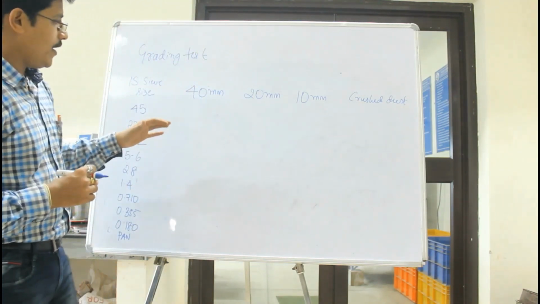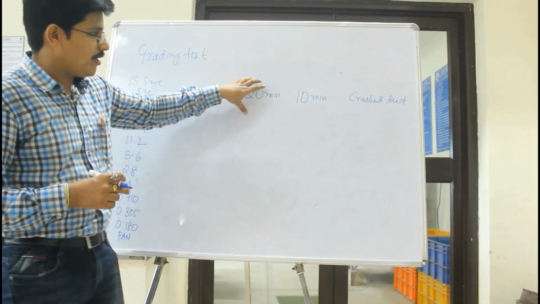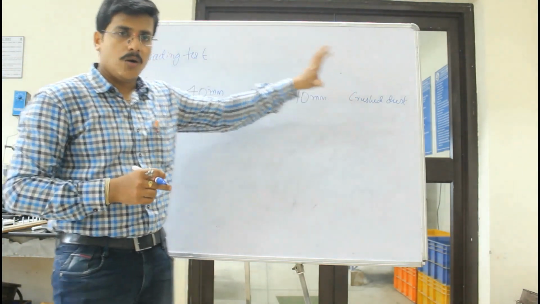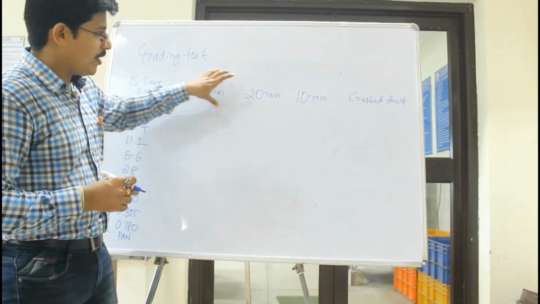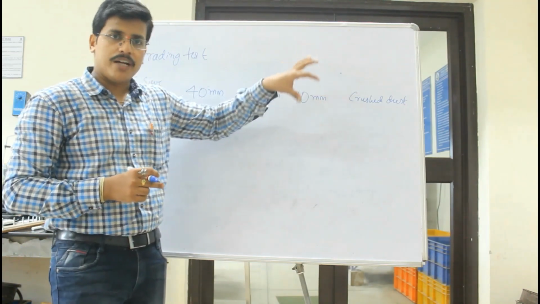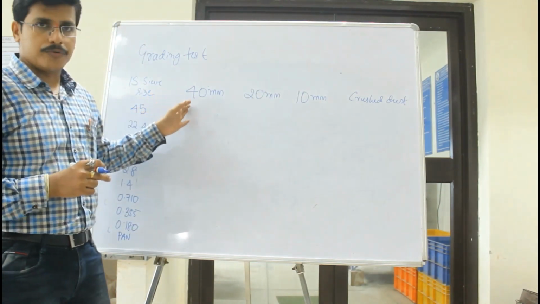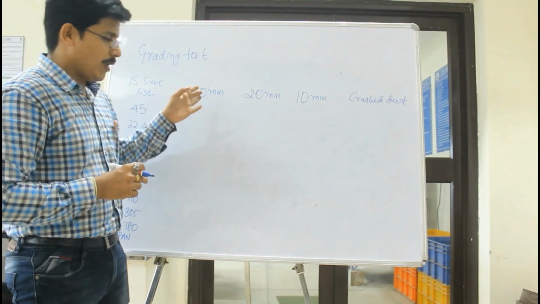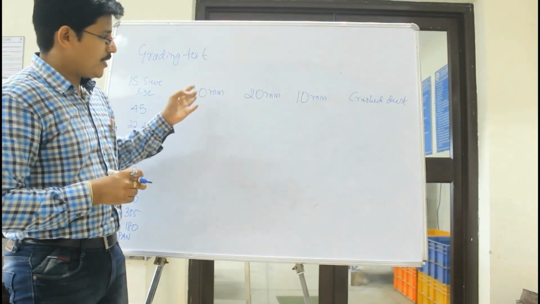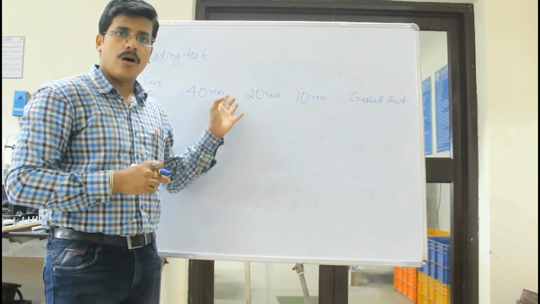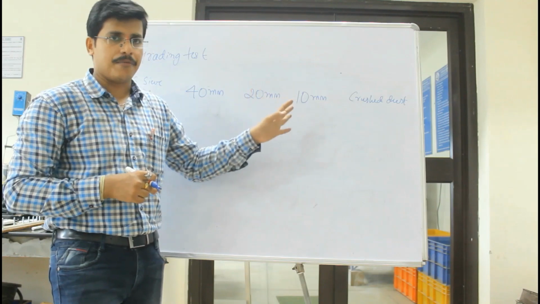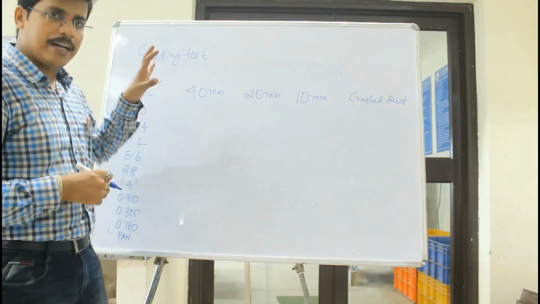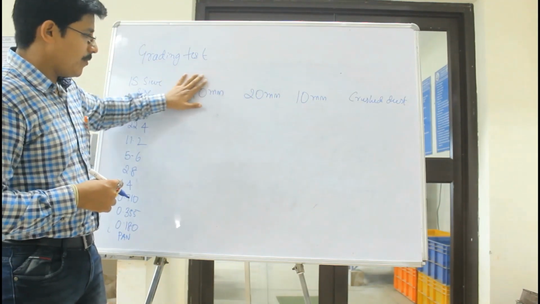Now we need to find the grading of each particular stockpile, so that when we mix them in a particular proportion, we achieve the grading that we wanted. Basically, it can be a WMM gradation, or a PQC gradation, or a DLC gradation, or a bituminous concrete gradation. Now, for a final grading, normally we won't use the 40 mm size.